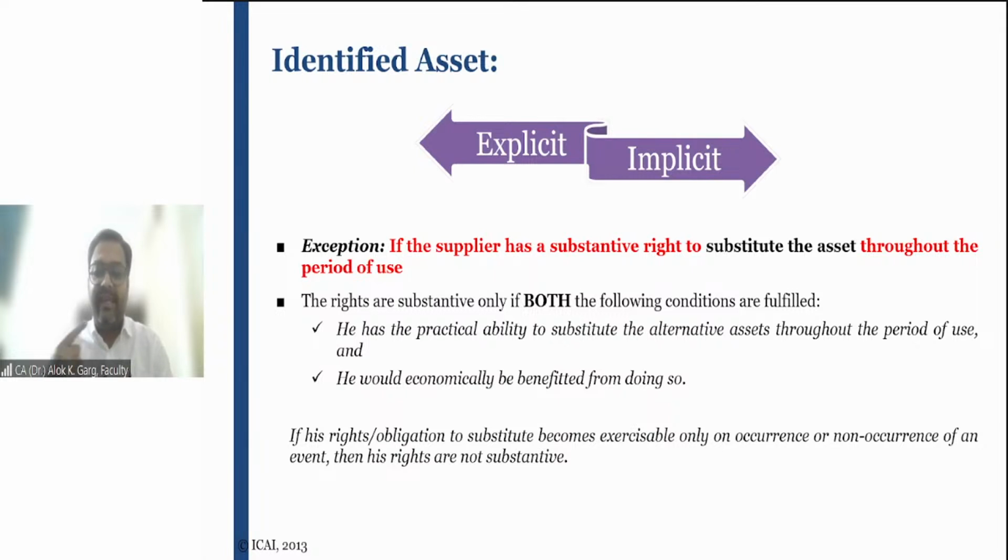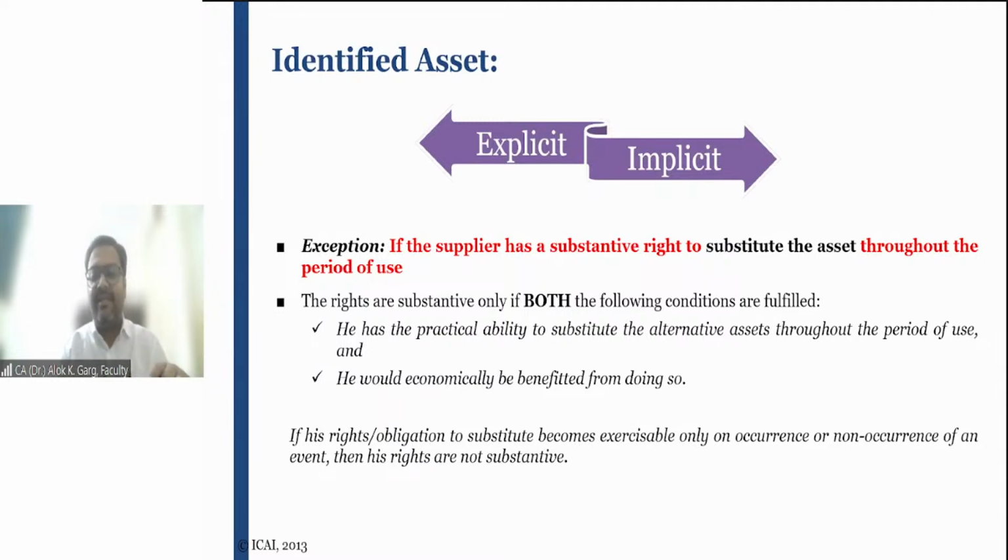If the asset is getting replaced for the benefit of the lessee, then this right is not considered a substantive substitution right. For example, if the car met with an accident and the lessor is sending another asset, the lessor is replacing it with another asset.